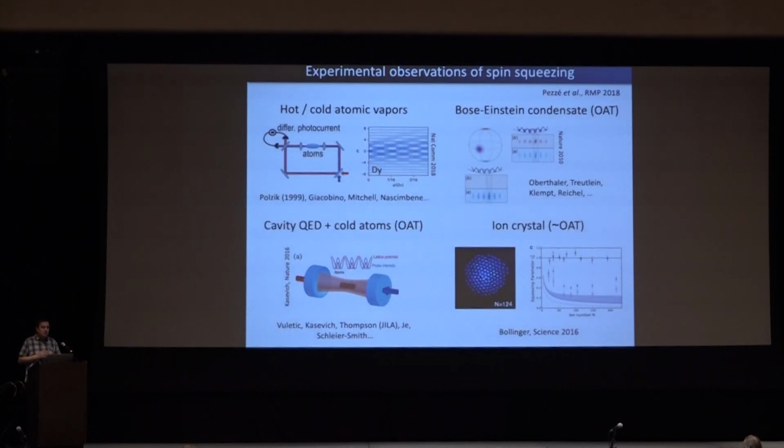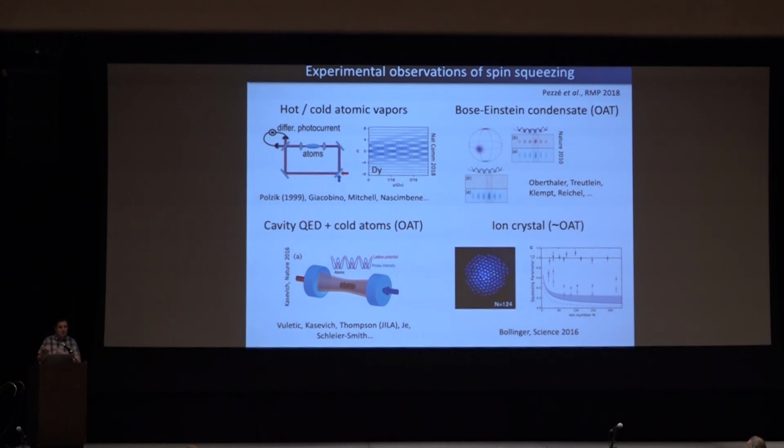This is important and very relevant because there have been experiments on many platforms where they have used this one-axis twisting Hamiltonian, for example with Bose-Einstein condensates, in cavity QED platforms, and even with ions. And for most of these platforms, this is not the natural Hamiltonian to implement, so it means that you need to work hard to obtain spin squeezing.